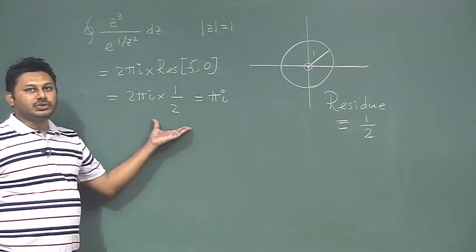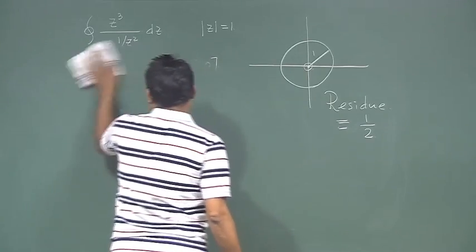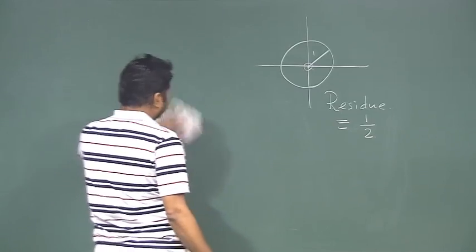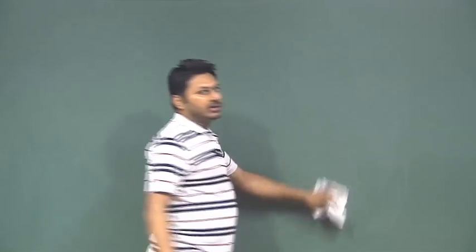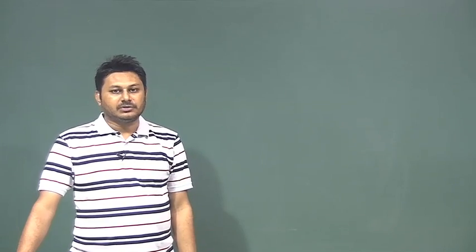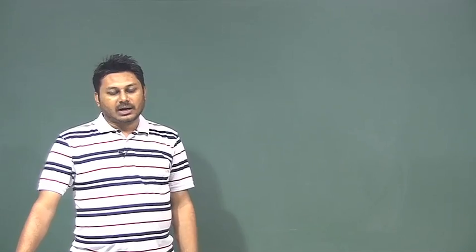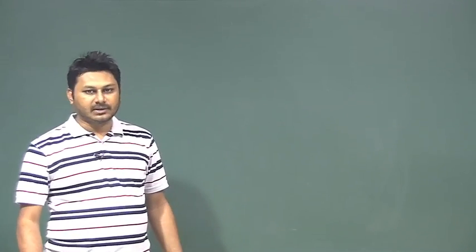So, this is the solution we have. This is a different kind of example, and I put this example so that you can understand that it is not always necessary to use the standard recipe to find your residue. Rather, sometimes you need to use the expansion, and this expansion sometimes helps.